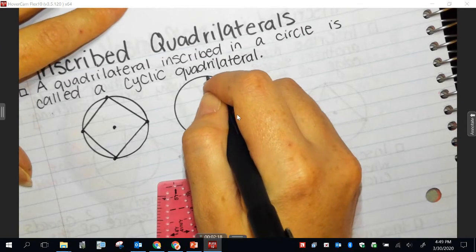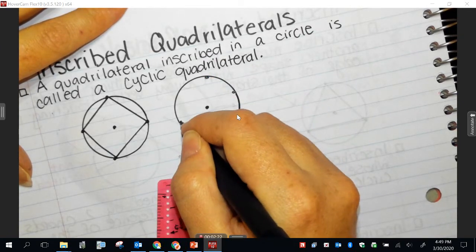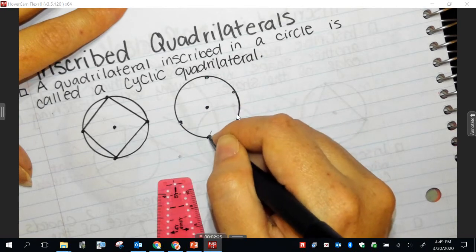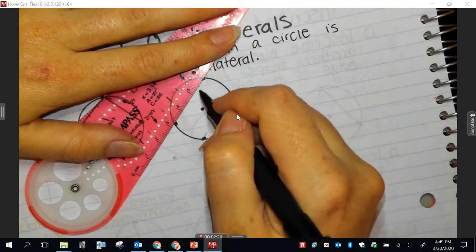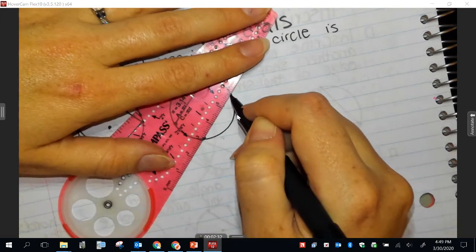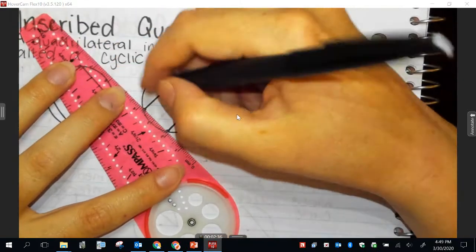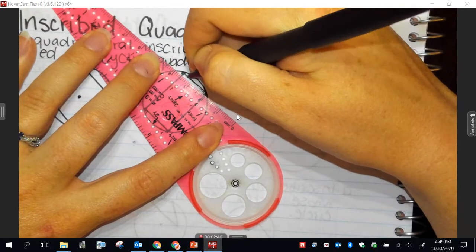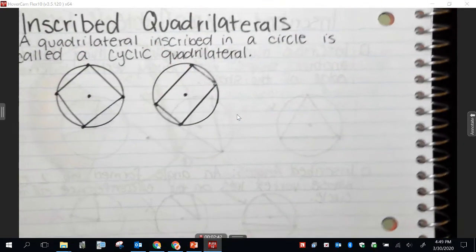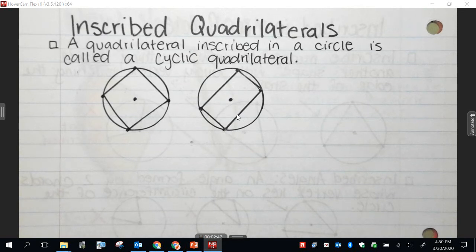I'm gonna attempt to do kind of a rectangular shape in here. Let's see if I can pull this off. Okay. All right. A little bit. But yeah, you get the idea. So basically, any quadrilateral that's inscribed in a circle is called a cyclic quadrilateral.